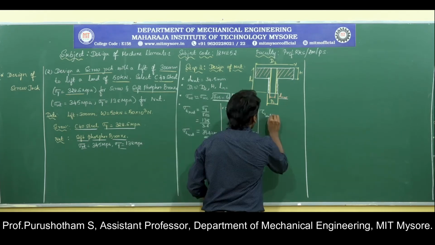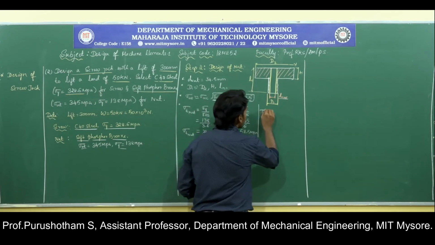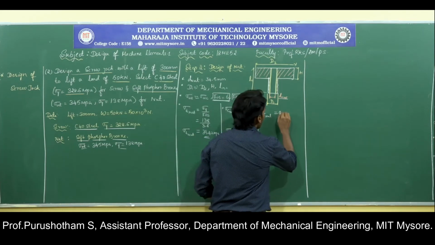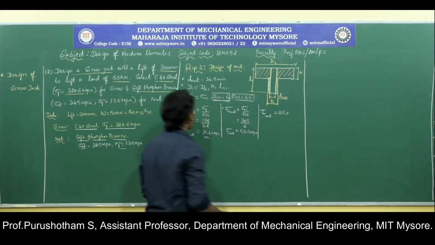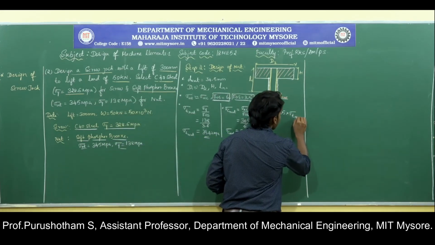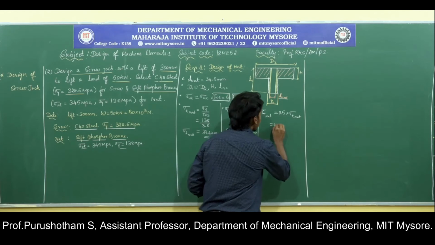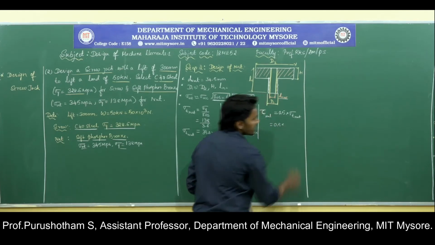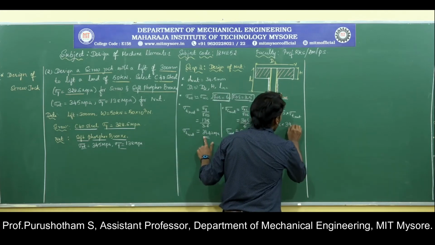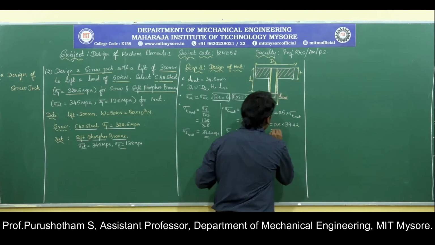Then the allowable shear stress for the nut material is given by 0.5 times sigma T of nut. That is 0.5 into 39.42.